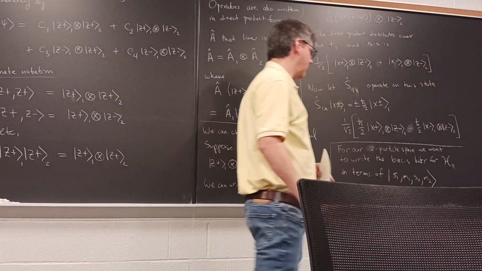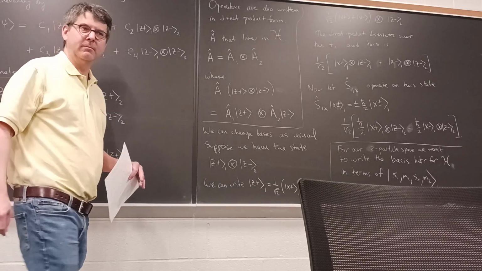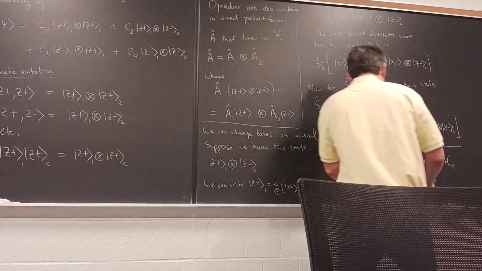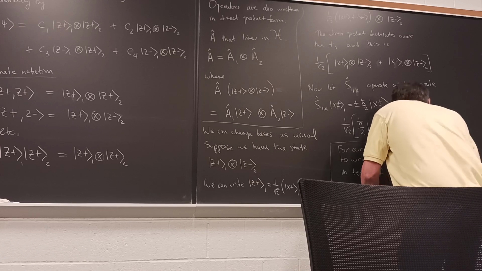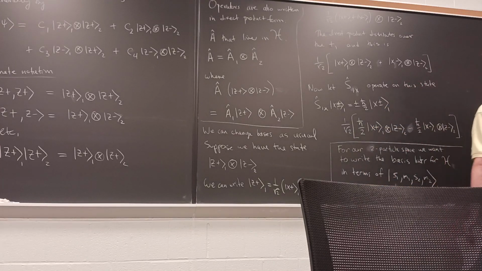Okay, these are going to be our angular momentum eigenstates. So this will be the total spin of one. Let me rewrite this up here, so we have some space.